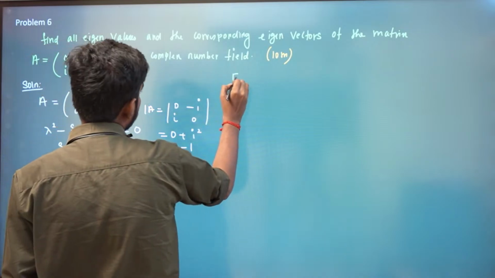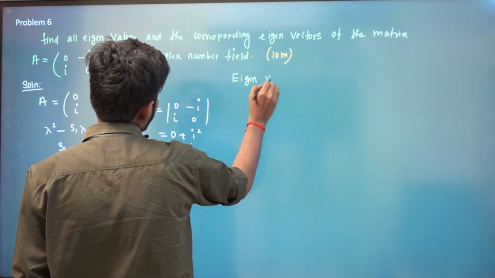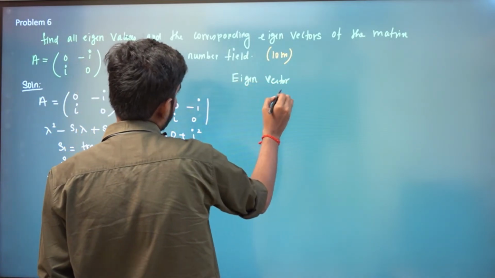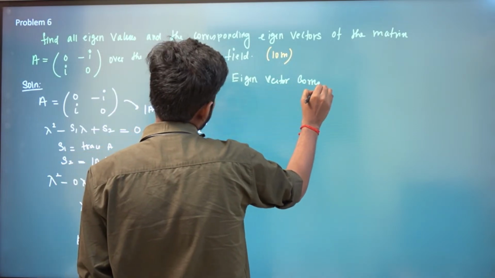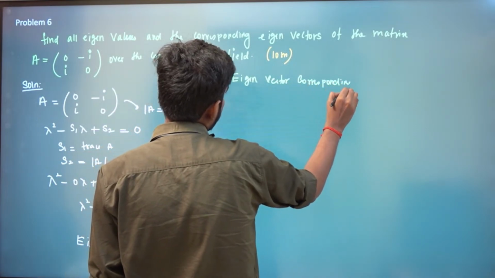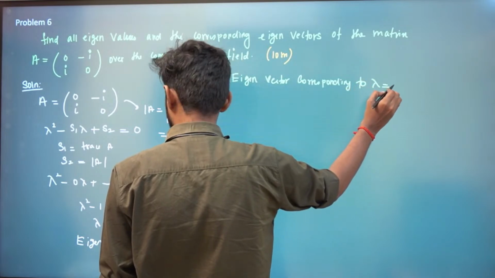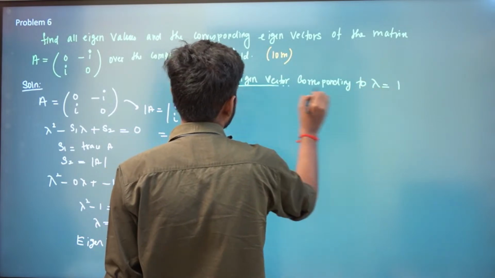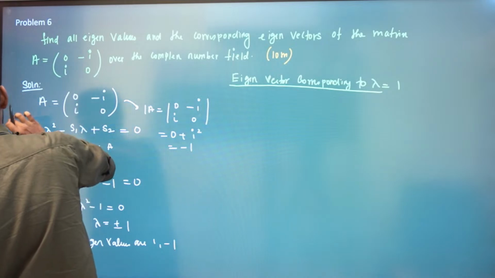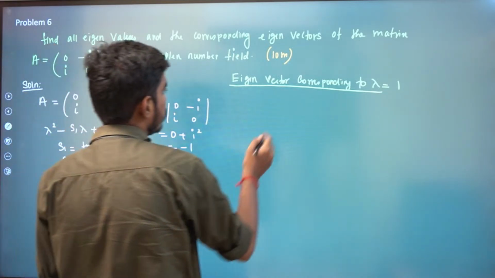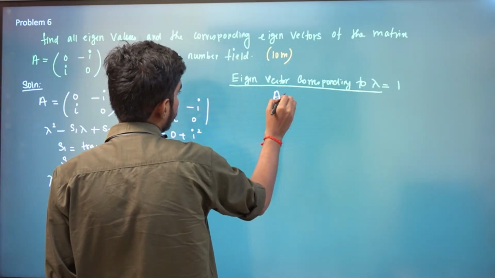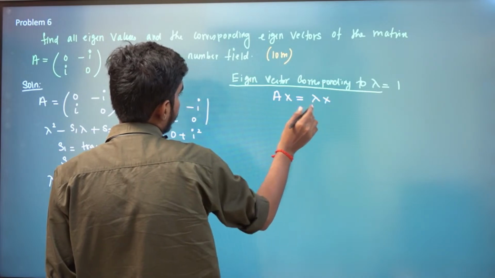Eigenvector corresponding to lambda equal to plus 1. So what is an eigenvector? A non-zero vector x corresponding to lambda is given by Ax equal to lambda x.